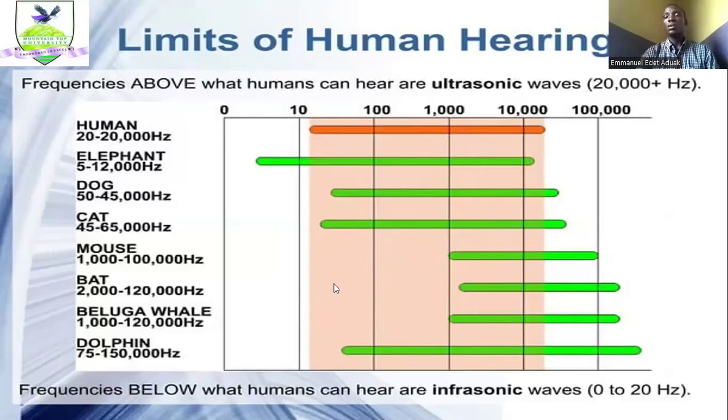Infrasonic waves are frequencies below what humans can hear. Even animals have frequencies that they can hear also. But for humans, it is between 20 to 20,000 hertz.